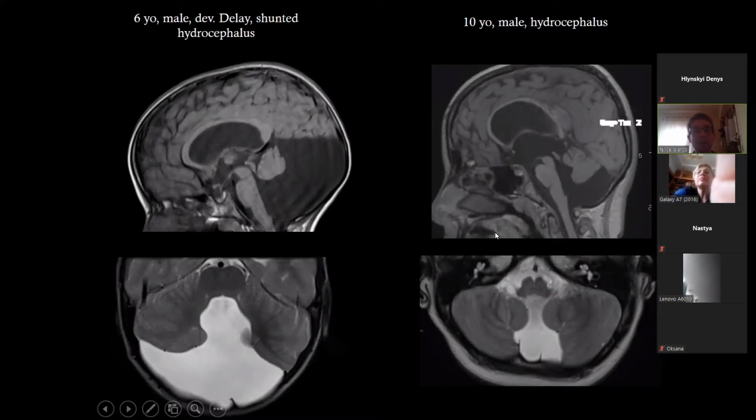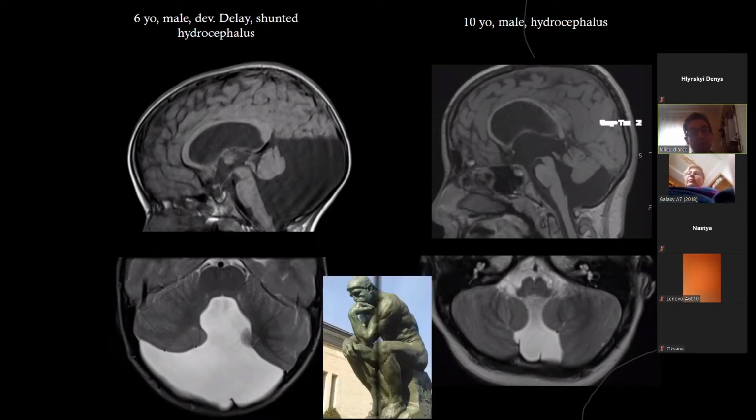And here, in this case, there is also a cystic malformation, but the appearance of the vermis is a bit different, and the hydrocephalus has not been shunted, so it is still present. Now, these are two cystic malformations of the posterior fossa, but they are completely different.